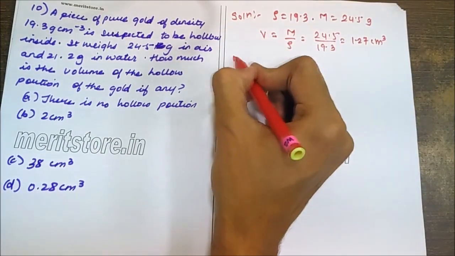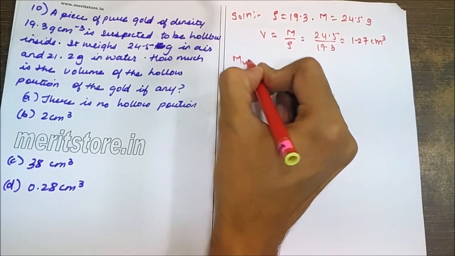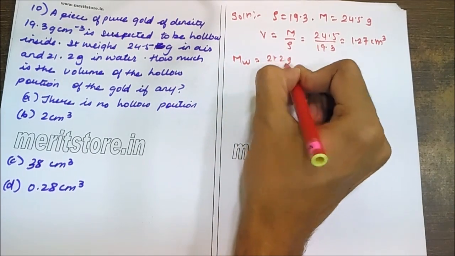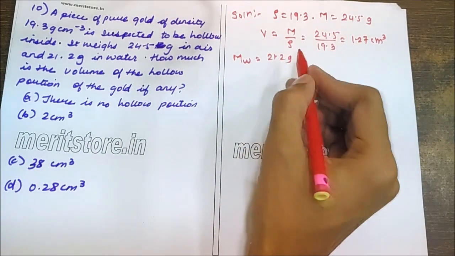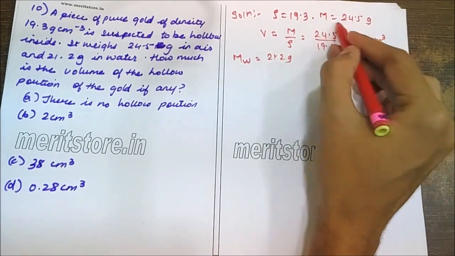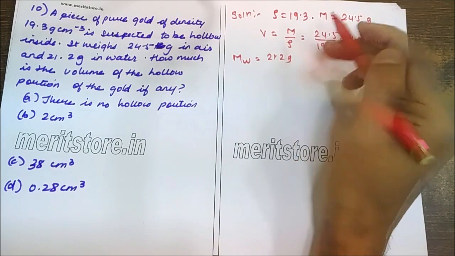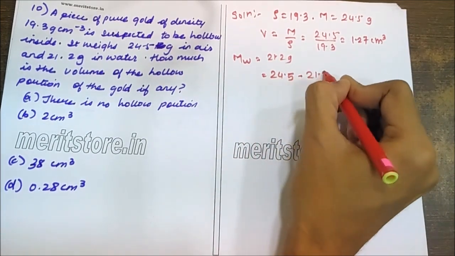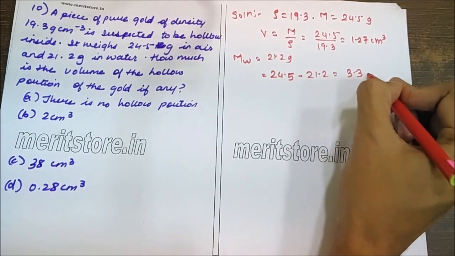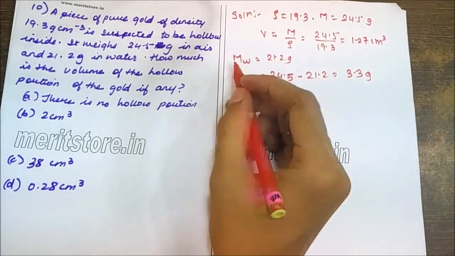The mass of the gold piece in water is given as 21.2 grams. So the loss in the weight of the gold in water is the original weight minus the weight in water, that is 24.5 minus 21.2, so 3.3 grams is lost in water.